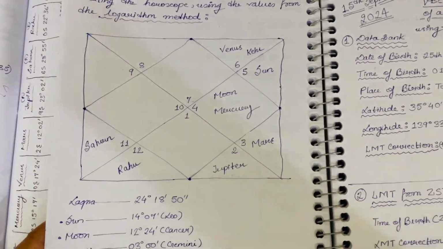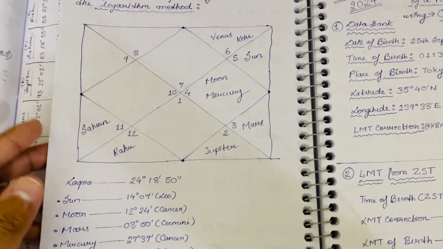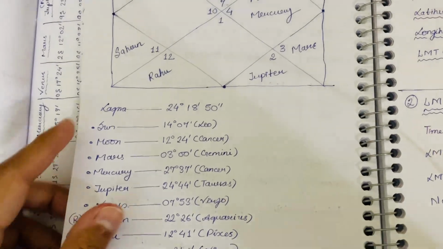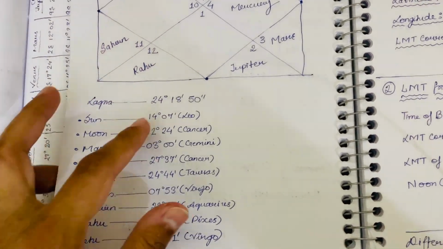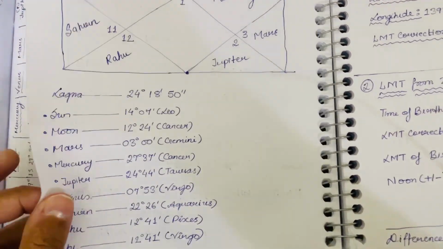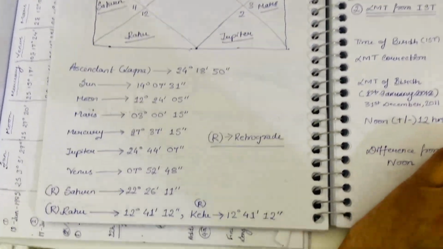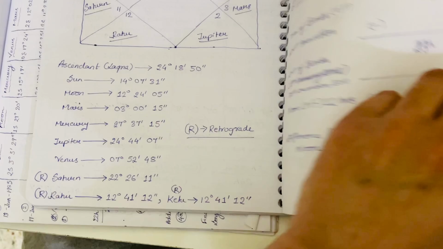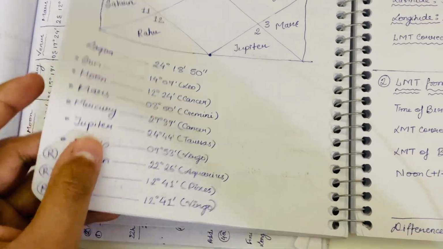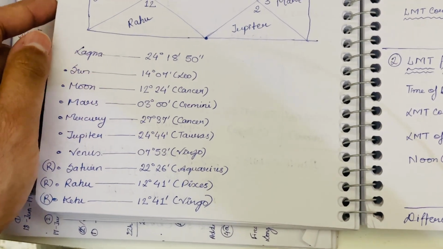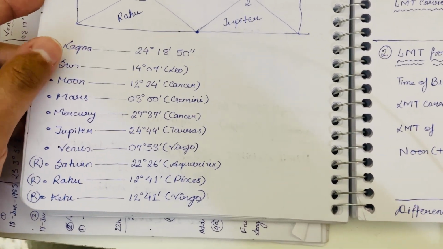It is exactly the same. The ascendant rising is from our first class, class 68. The longitude of the ascendant is exactly what we have calculated over here. It will be the same as what we calculated using the ratio method. It's just that in the ratio method we have values till seconds, and in the logarithm method we have values till minutes.